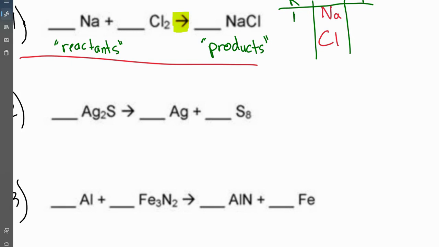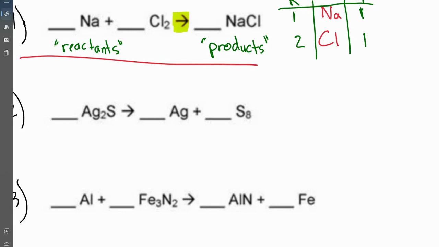We have one sodium. And then in the reactants, chlorine Cl2, we have two chlorines. Then we get to the arrow that tells us now we're in our products. So we have one sodium and we have one chlorine.